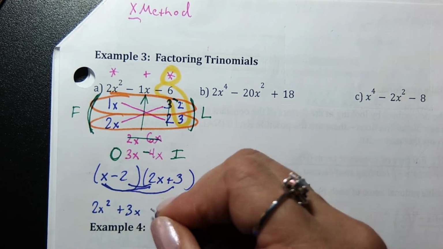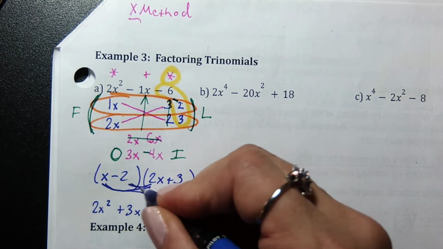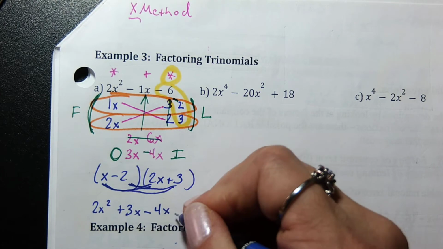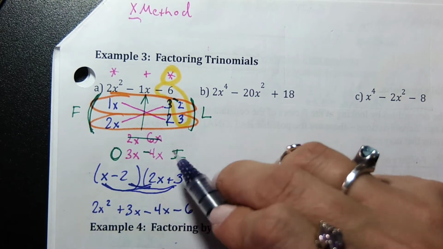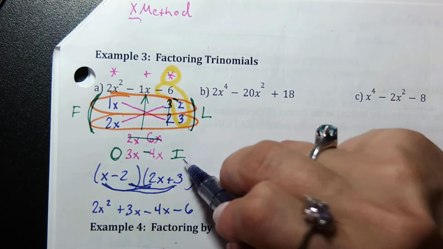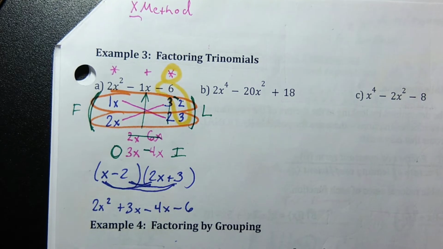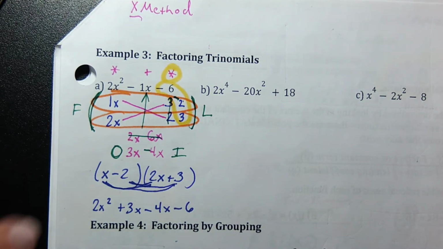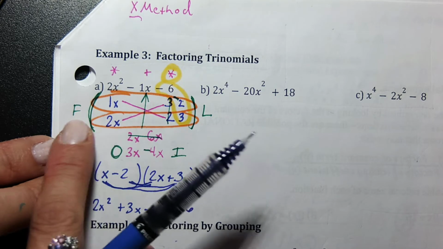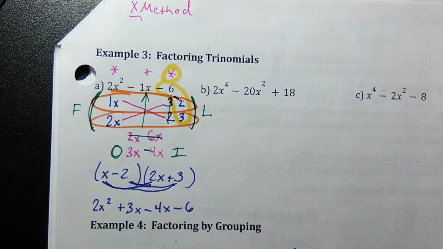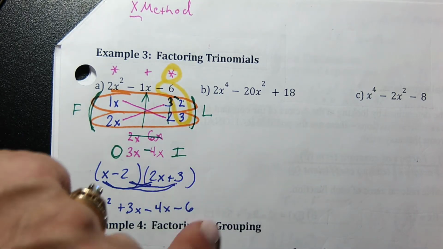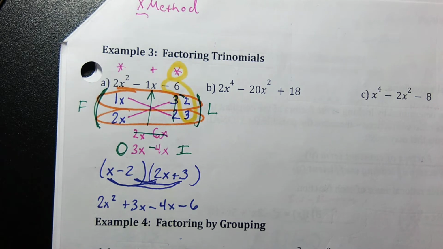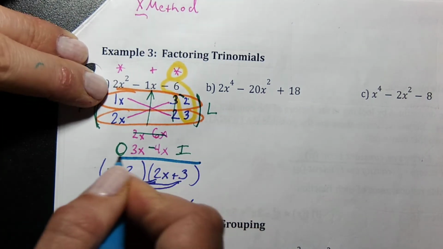Inside terms, negative 2 times 2x is negative 4x. And the last terms, negative 2 times 3 is negative 6. And there we have it, F-O-I-L, the 4 parts of FOILing. So that's why this process works, and that's why we put the 1x and the negative 2 and the 2x and 3 together in parentheses, because I don't actually multiply those terms together when I am FOILing. So this is my final answer.